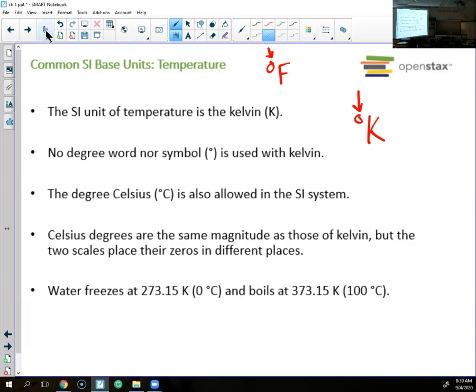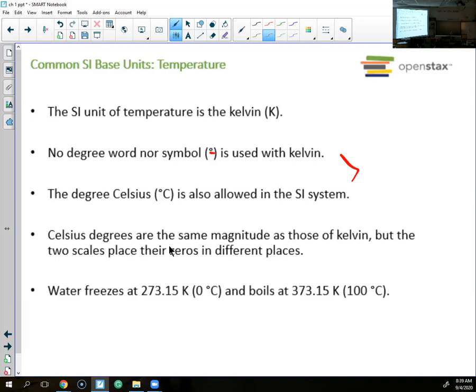So there is no comparison, so we don't put that on there. The degree Celsius is also allowed in the SI system. We will use both, but it's super important that you know how to convert, and they're easy, from Kelvin to Celsius.